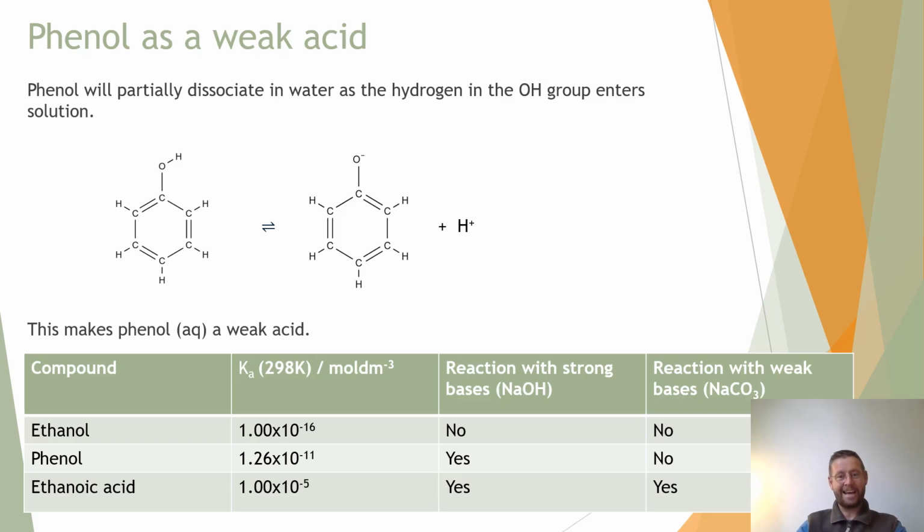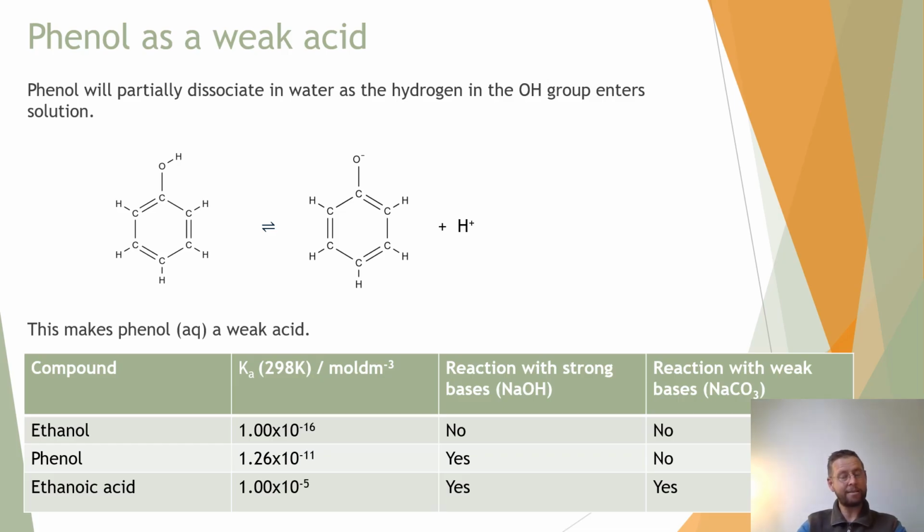It has a much bigger dissociation constant, and so it will react with strong bases like sodium hydroxide, but also weaker bases like sodium carbonate. Now, phenol is more discerning. It has a much smaller dissociation constant, meaning it doesn't give out as many hydrogens, and so it would only react with a strong base, sodium hydroxide.